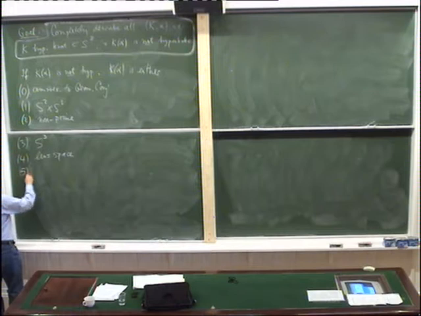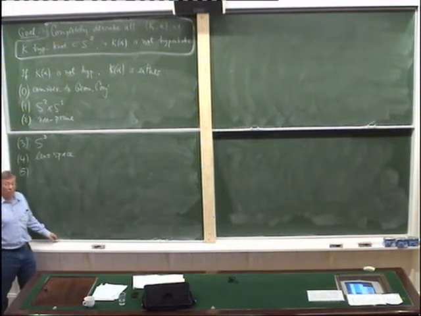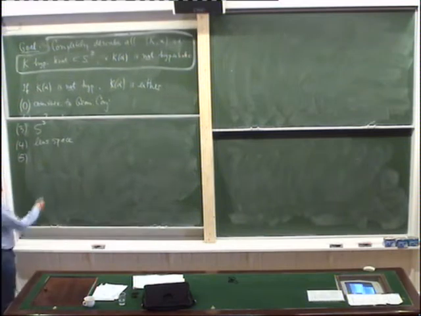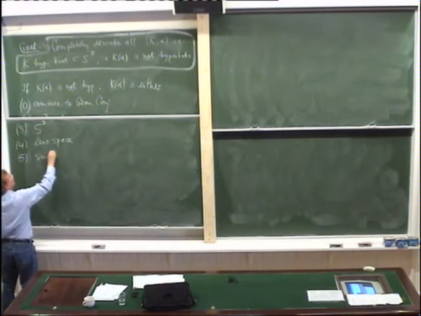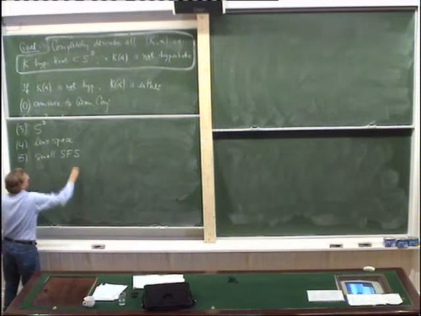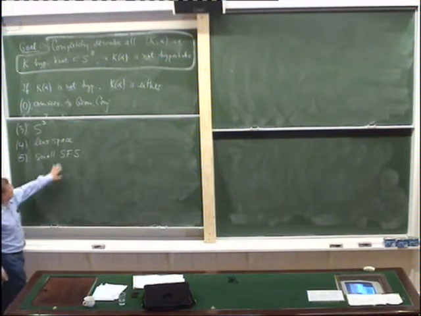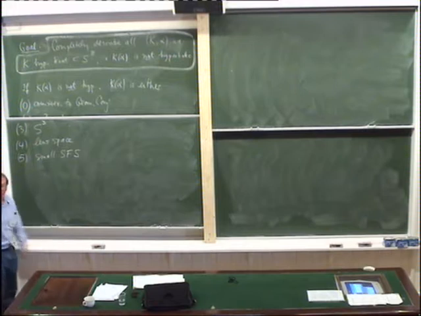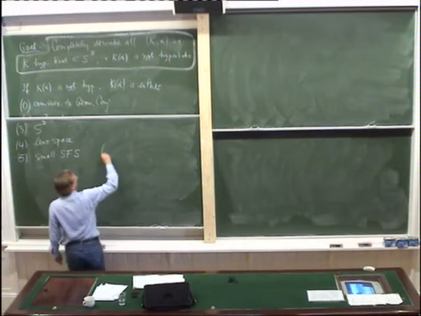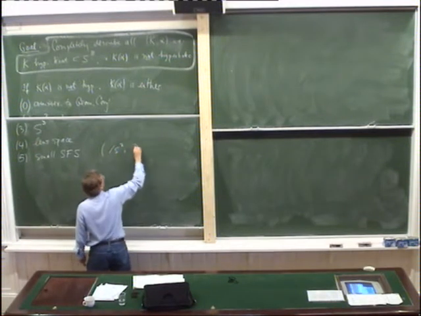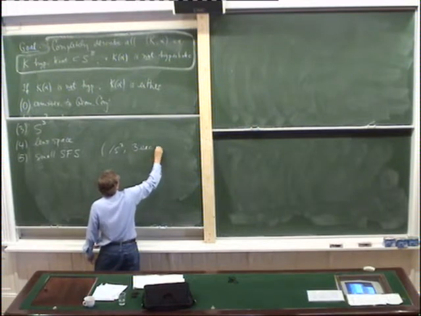So this would be a Seifert fibered space with base surface a two-sphere and two singular fibers. Or it could be what I call a small Seifert fibered space, not as small as this one, but smallish: a Seifert fibered space over the two-sphere with three exceptional fibers.